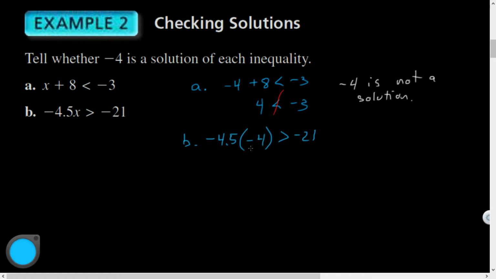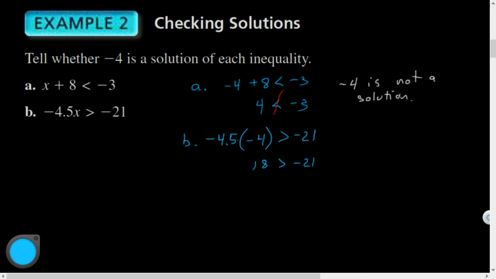Here the parentheses did matter, because I didn't want this to accidentally look like I was implying -4.5 subtract 4, because I'm not subtracting 4, I'm multiplying by -4. A negative times a negative is going to be positive. 4 times 4 is 16, plus 4 times a half is 2. I get 18.